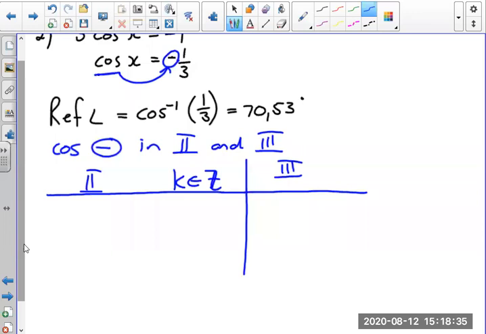Maybe please go at the back. What happened to the negative at the reference angle? Are you asking me what happened to the minus? Yes, ma'am. Okay, that's what I'm saying.